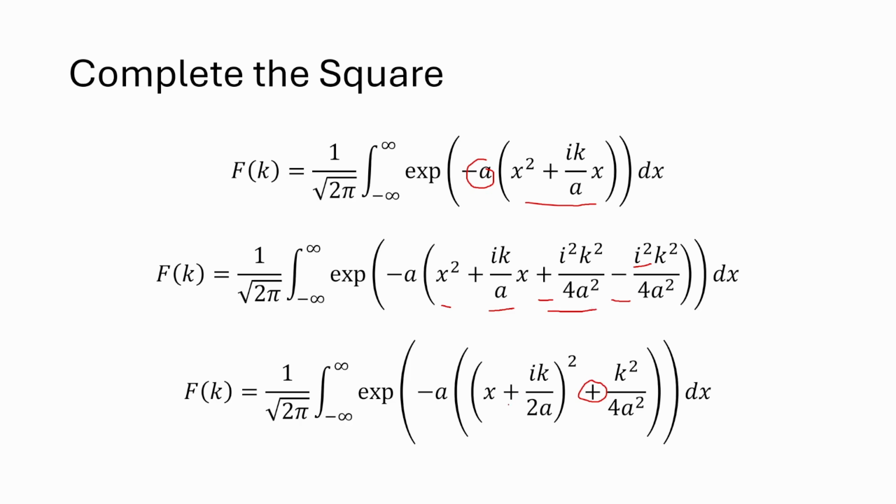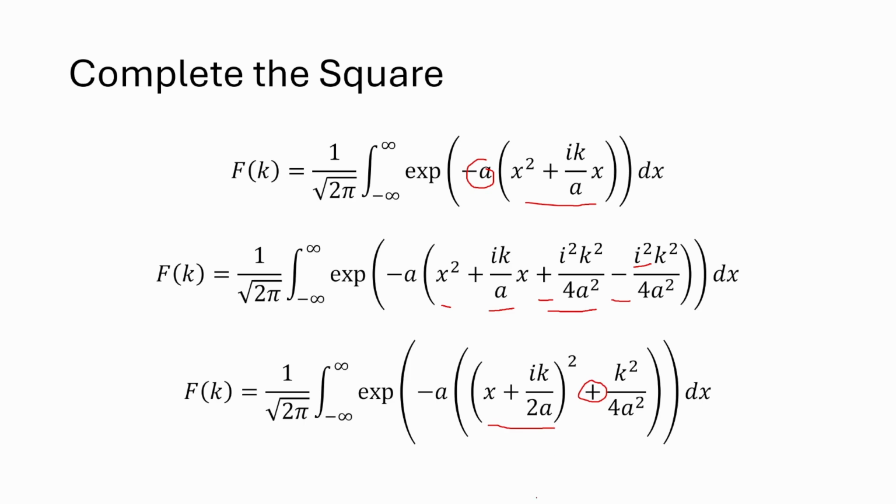That is the square of, as is written down here, x plus ik over 2a, quantity squared. If you FOIL that thing, multiply it by itself, you'll be like, oh yeah, that sure does work. That's those things multiplied. This is why we complete the square. It actually lets you simplify expressions even when you're not solving for zeros.